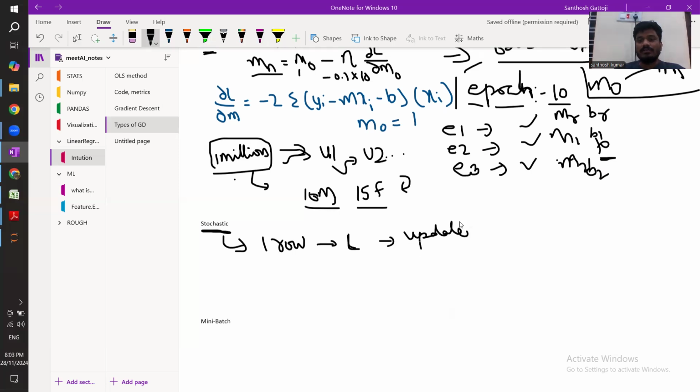That we do as many times as the number of rows. If you see, there is a small tricky thing.